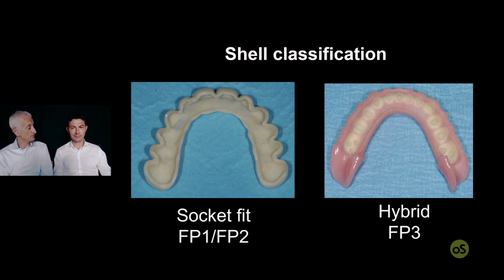That is not to be confused with the surgical mask now today. But let's say these are another way to classify, according to my beloved mentor Carl Misch. Let's see what is a socket fit, because this is the terminology that we are going to use.